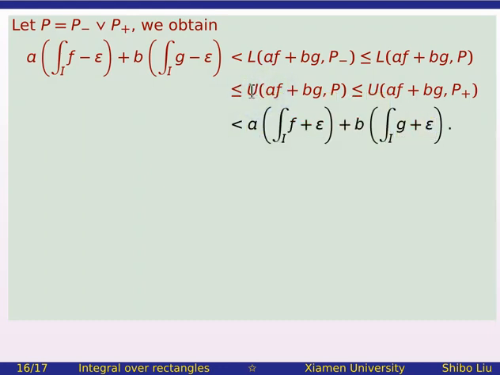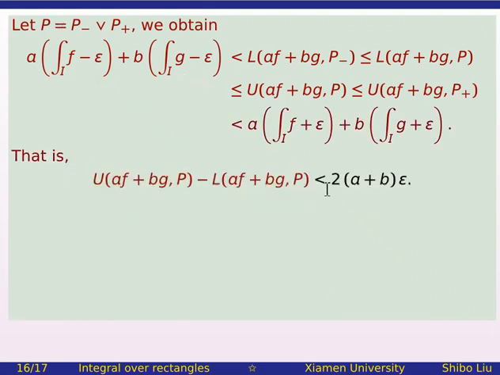Therefore, their difference, capital U subtract capital L, will not be greater than the difference of the two ends of this inequality. That is, this will not be greater than this, the right hand side subtract the left hand side.